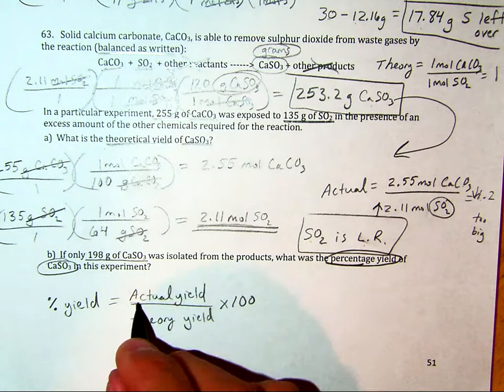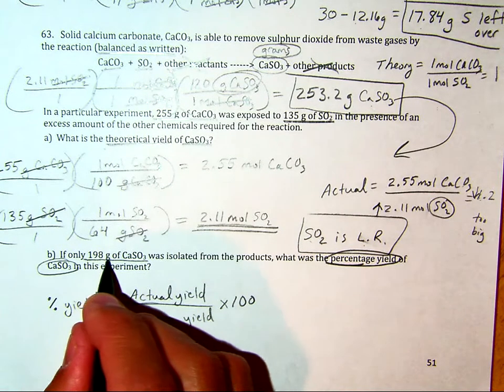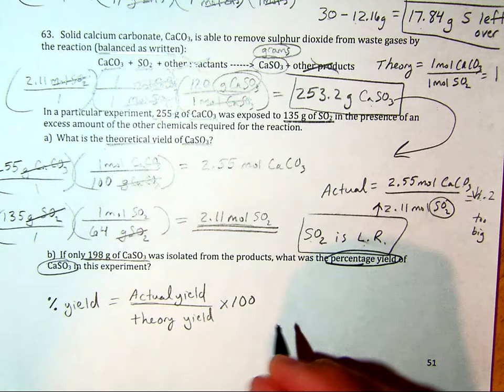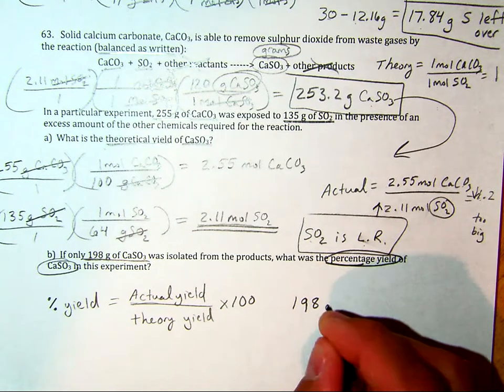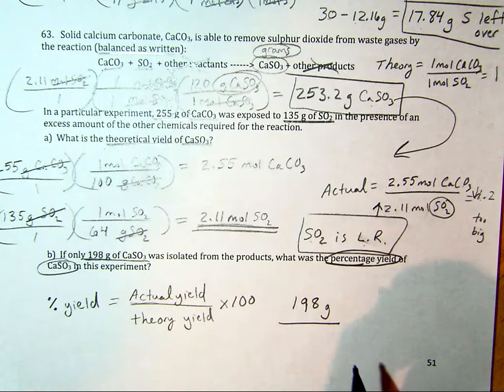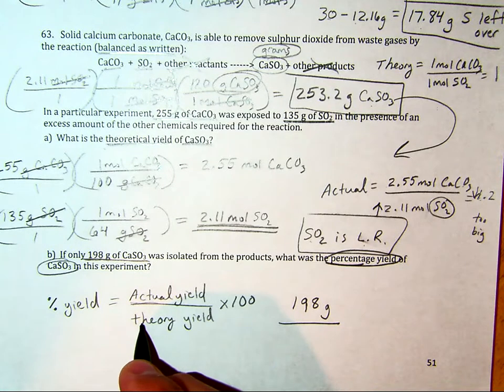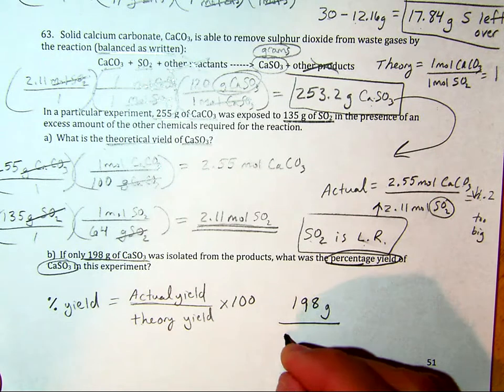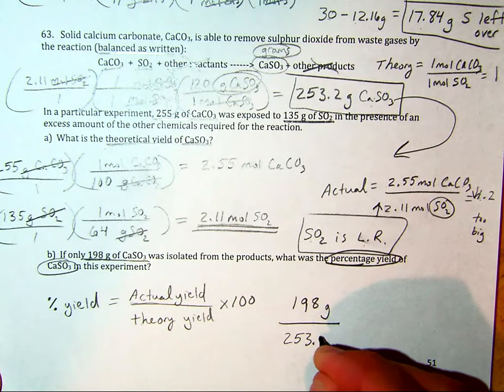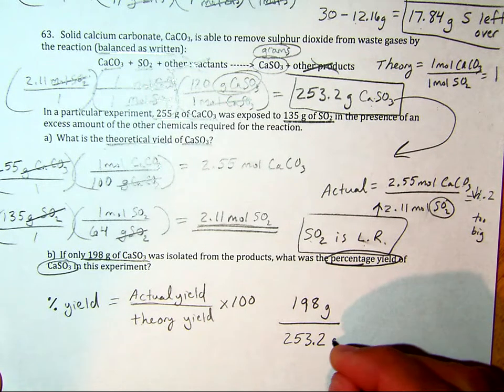So my actual yield is what it said here. If we actually only formed 198, so 198 grams is my actual yield, we're going to divide that by the theoretical yield. We found that it should be 253.2 grams.